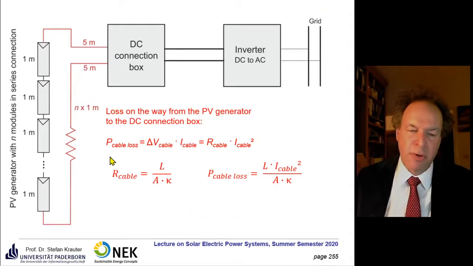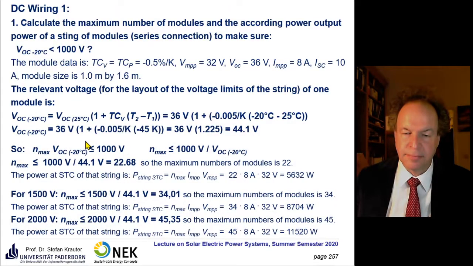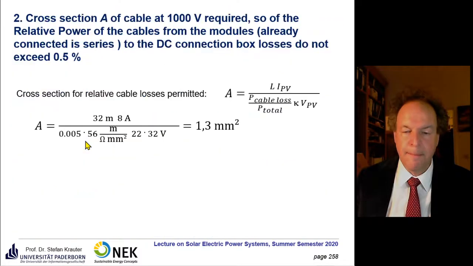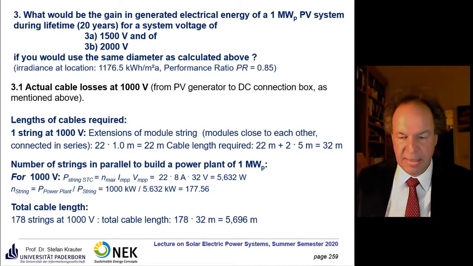And for the other voltages, if we have more modules, accordingly we have more length of wires or cables. So 22 times 1 meter is 22 meters plus the 2 times 5 meters. Altogether, we have a cable length of 32 meters.